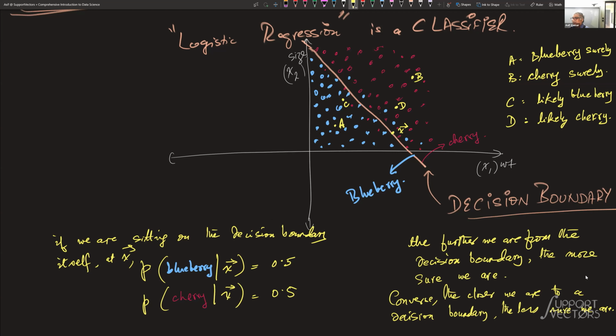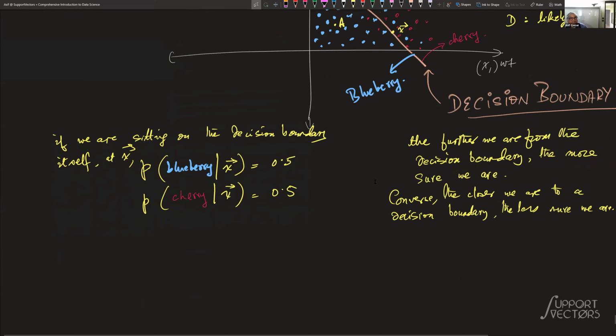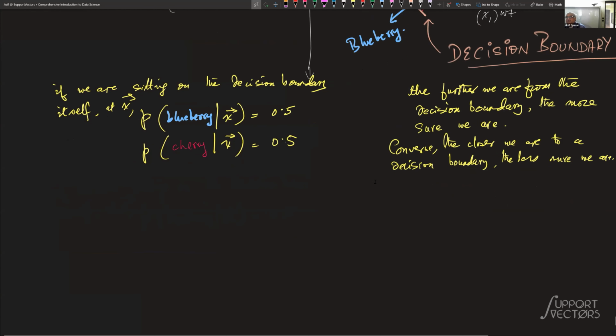Would you agree with that? On the other hand, now let's develop our language a little bit more carefully. Much of this math language is very elementary to get. Let me just look at the probability of blueberry, because cherry would be the converse of it, 1 minus blueberry. Would you agree? If the probability of something being a blueberry is 70%, the probability of its being strawberry is 25%, right?